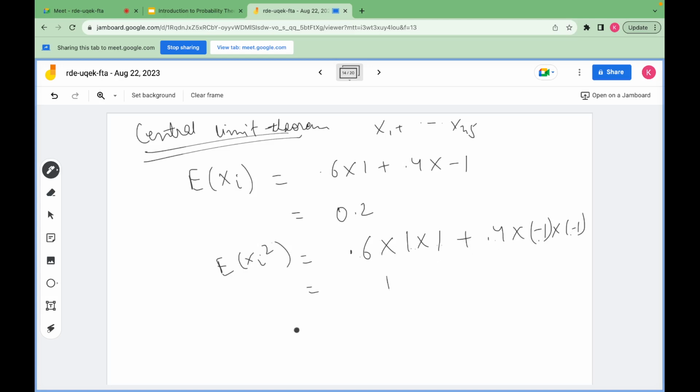So this is 1. So variance of xi is expectation of xi square minus expectation of xi whole square. This is 1 minus 0.04, which is 0.96. So this variance is 0.96.